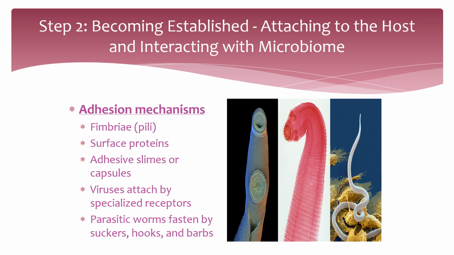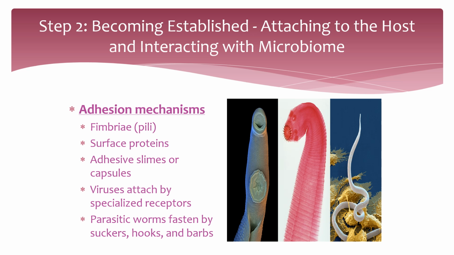Now, there are many ways for a microbe to adhere itself to the host, and all of it is going to be dependent on the microbe itself. Depending on what we're looking at, it may be through pili or surface proteins or slimes and capsules, maybe specialized receptors, and if we're talking about horrifying helminths, it might be hooks or barbs, maybe suckers, something like that.